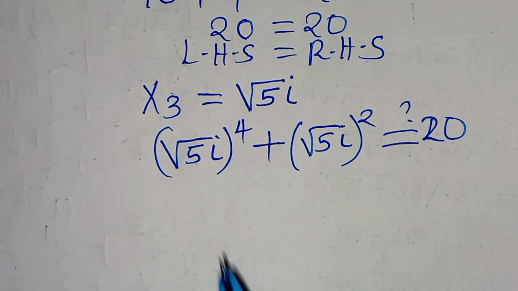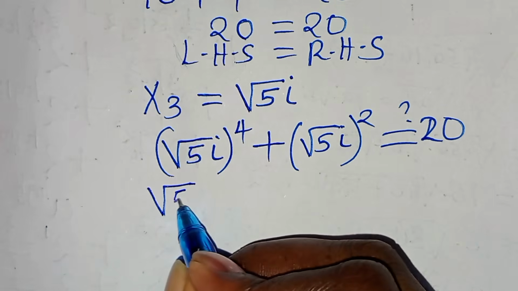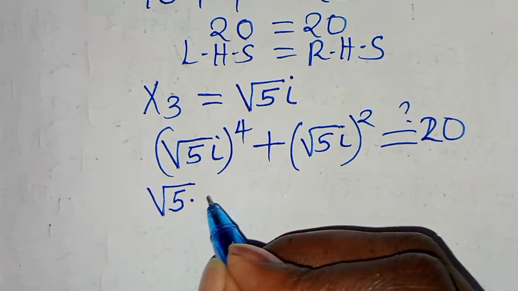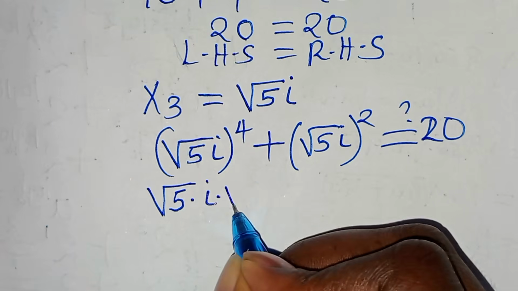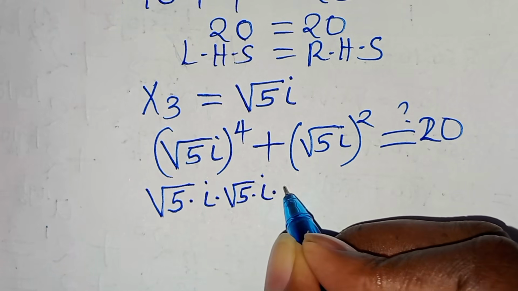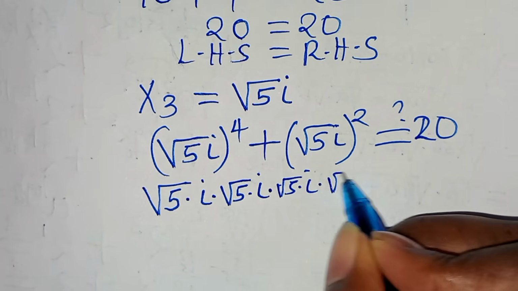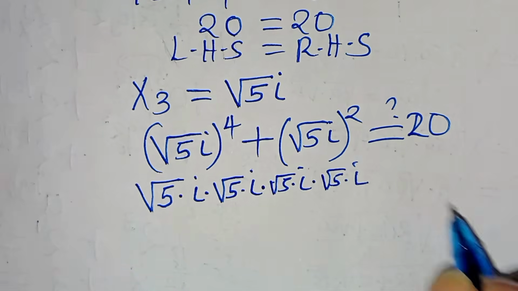So square root of 5i to the power of 4 is the same thing as square root of 5 multiplied by i, times square root of 5 multiplied by i, times square root of 5 multiplied by i, times square root of 5 multiplied by i.